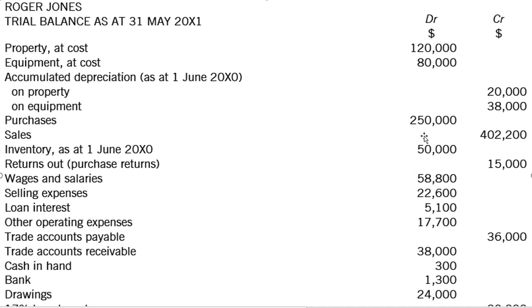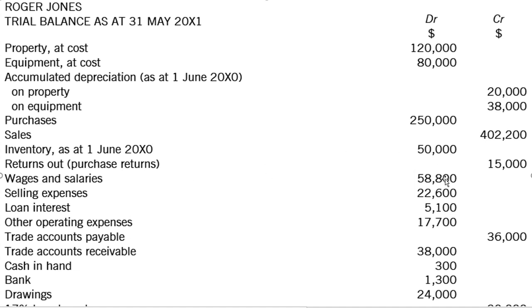Purchases 250,000, sales 402,200, inventory at first, as at the start of the year. So this one is the opening inventory or opening stock. The figure is at 50,000. Returns out.